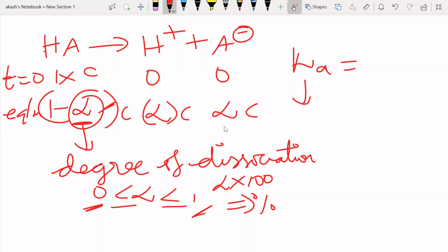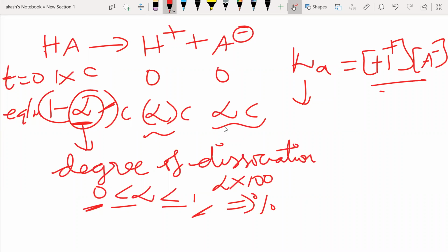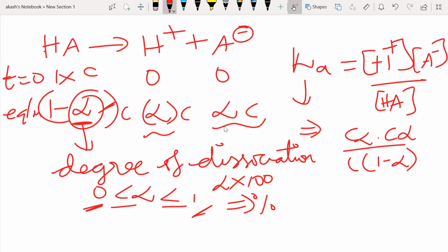Now if I write it in terms of C and alpha, it will be the H plus concentration into the A minus concentration divided by the HA concentration, that would be C alpha into C alpha divided by C into 1 minus alpha.